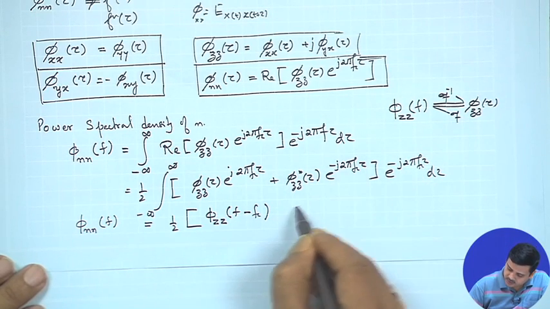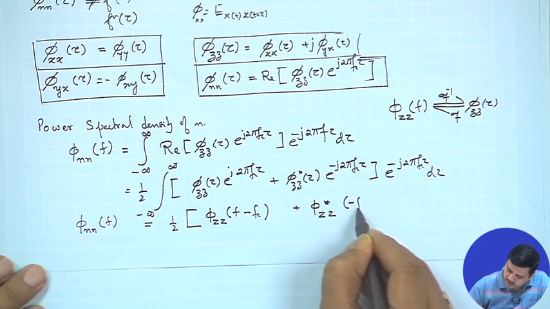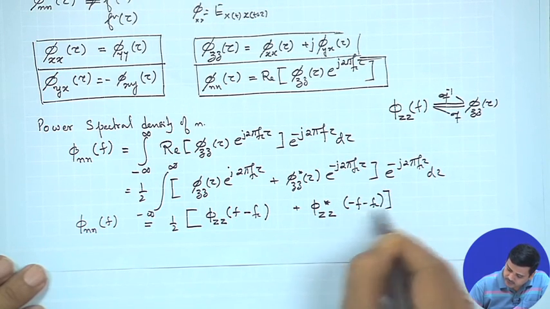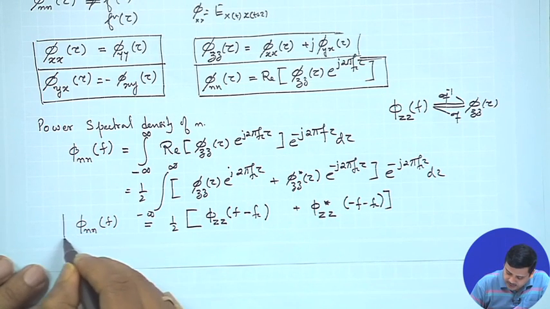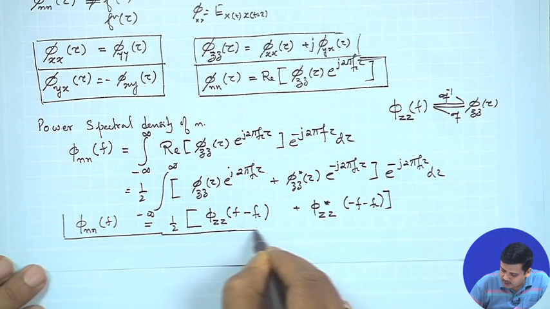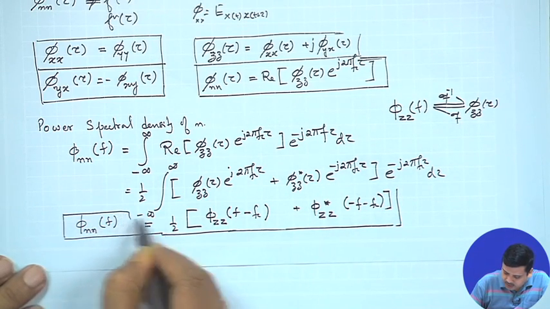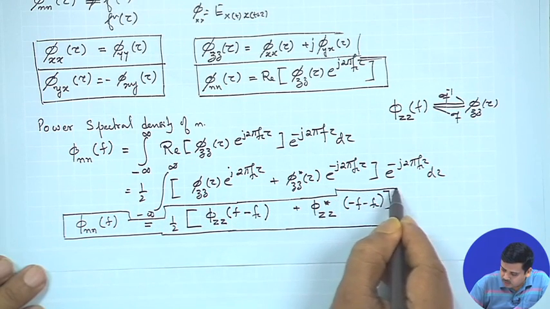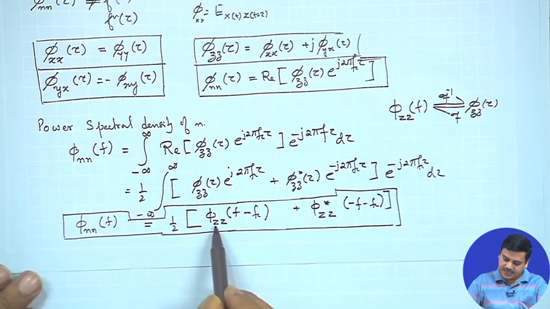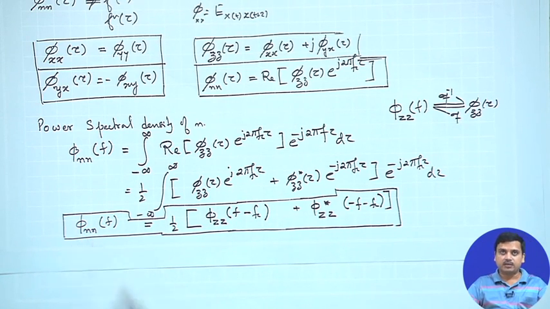Naturally, what we have been using is of course phi_z conjugate of minus f minus f_c. So this is the expression again relating the autocorrelation of the band pass stochastic process to that of its equivalent low pass form, where z is the complex envelope of n. This is the basic relationship which we have established.